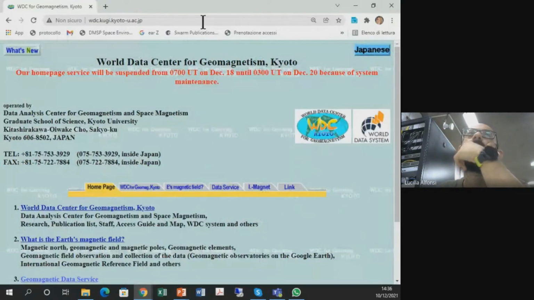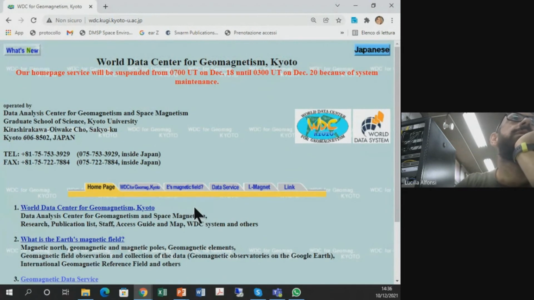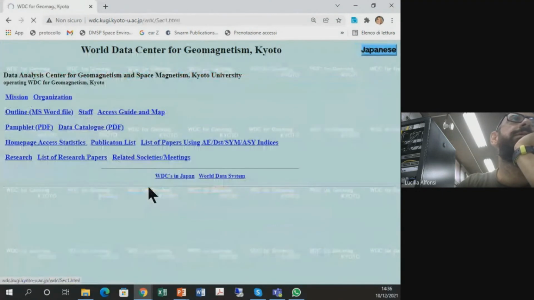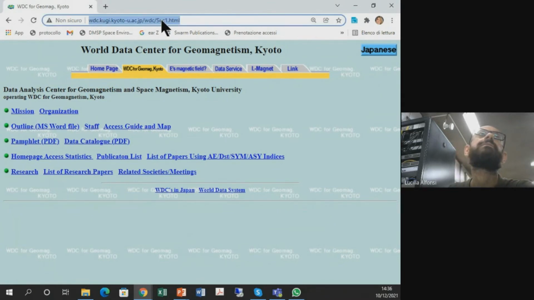Okay, here we go. You can see the home page from which you can retrieve different kinds of data, and in particular from here, it's AP.